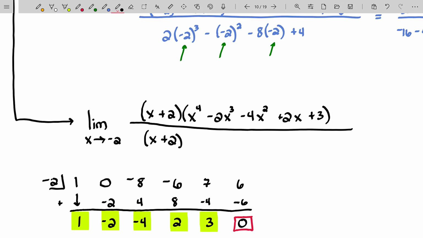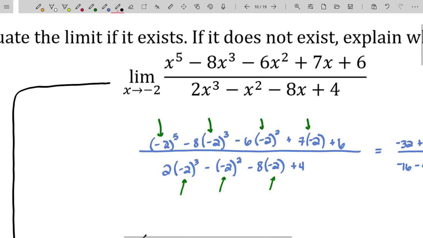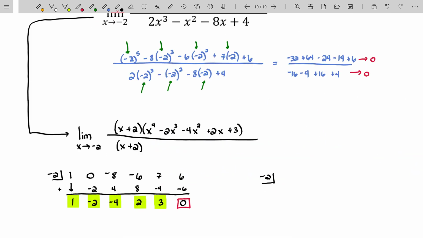Now we're going to do the same thing for the polynomial in the denominator. Again, we're dividing out x plus 2, which is x minus negative 2. So we'll do synthetic division by negative 2. I wrote down the coefficients of each of the terms in that denominator: 2, negative 1, negative 8, and 4.